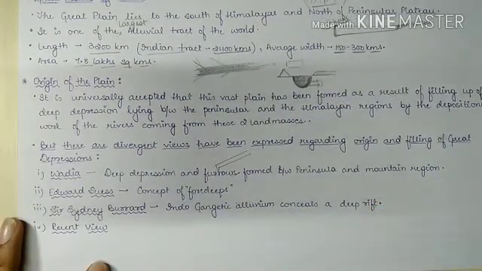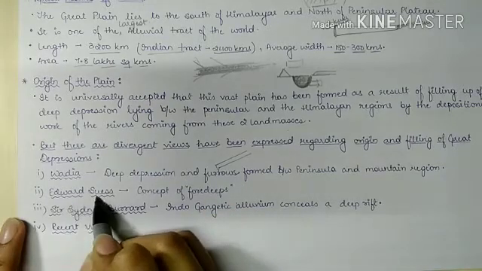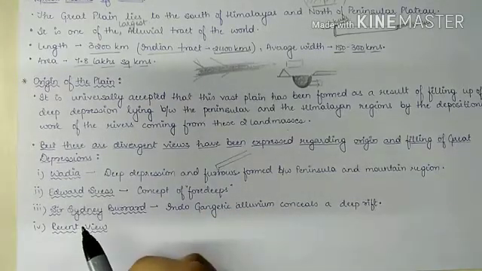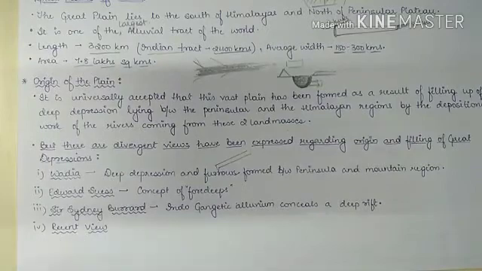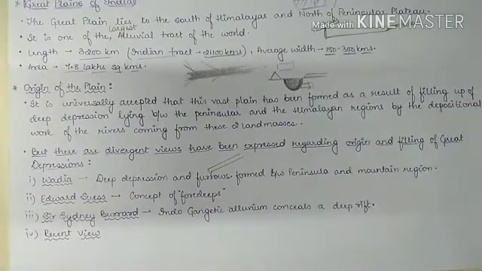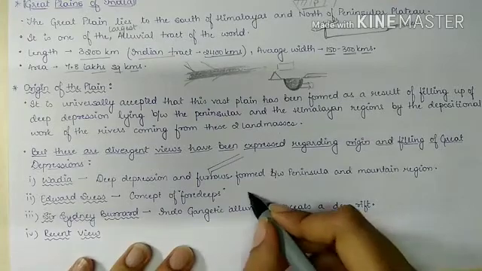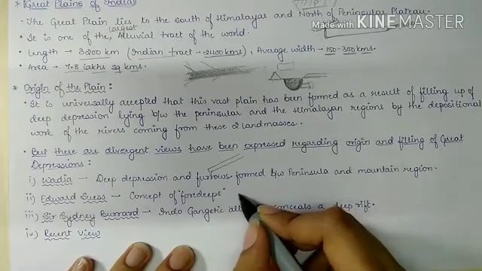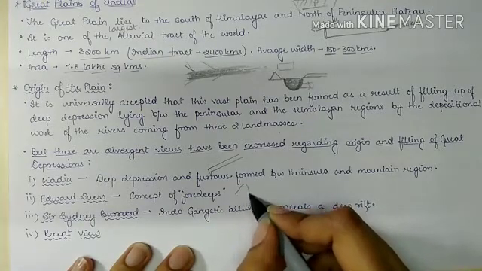Then Edward Suess, who was an Austrian geologist, suggested the concept of foredeep. The concept of foredeep says that it was formed in front of the high crest wave of the Himalayas. During folding we have crests and troughs.